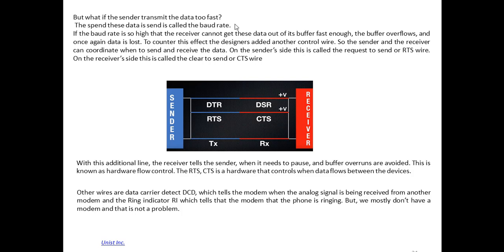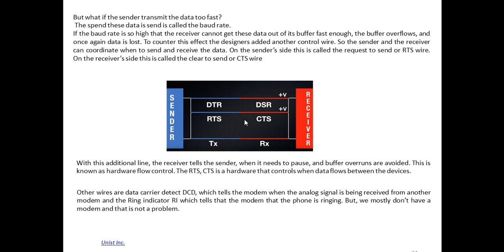Just keep in mind the baud rate, because the baud rate is important. The baud rate is the speed at which data is sent. Each instrument has its own specific baud rate that we have to set in our LabVIEW program, so it knows that this is the baud rate of this instrument.